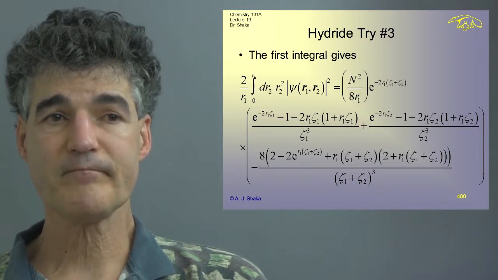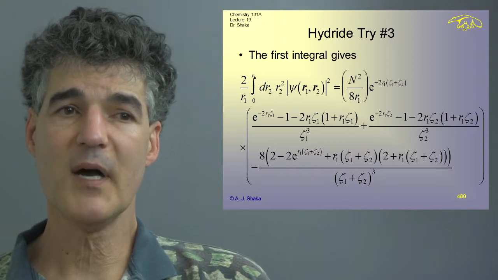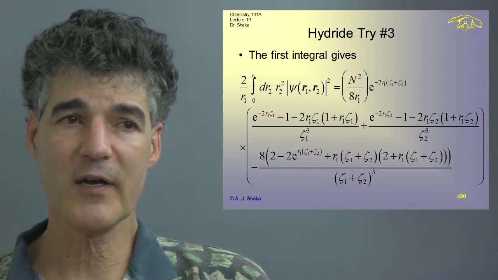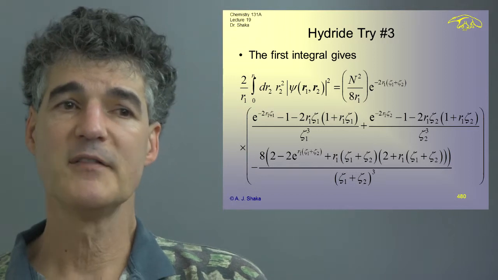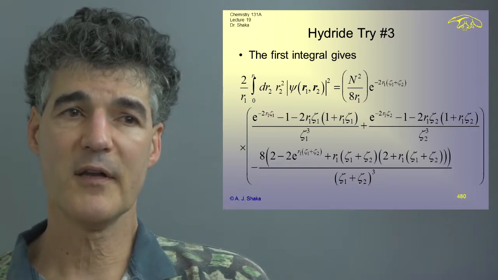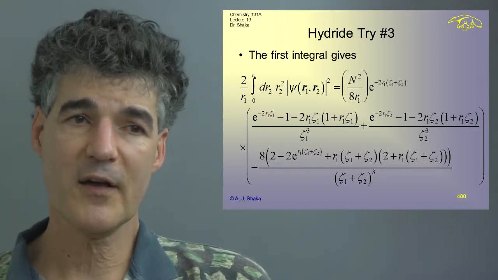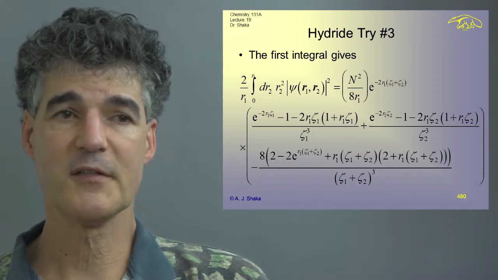And you can see it's of much the same form as the other one. We have zeta 1 cubed, zeta 2 cubed, and then we have zeta 1 plus zeta 2 quantity cubed, and that again comes from integrating by parts. That's what we get.